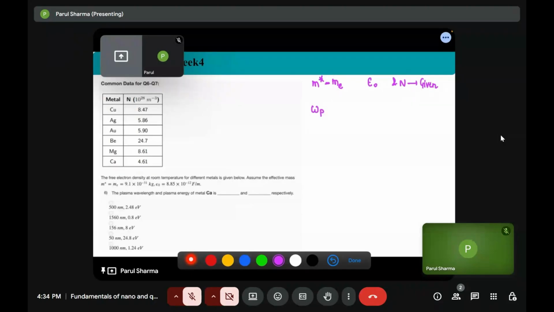So for that, we want to find out the plasma wavelength. Lambda p is equal to c by fp, and for fp we want omega p.